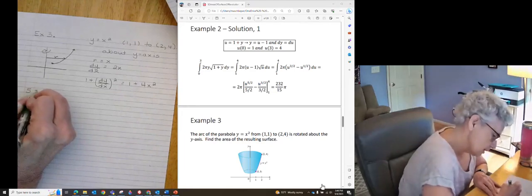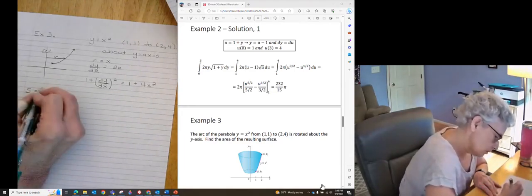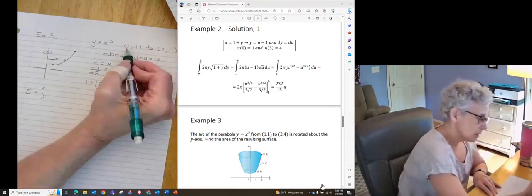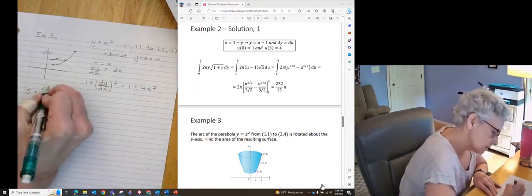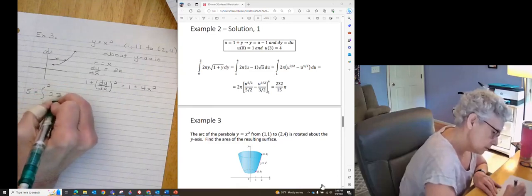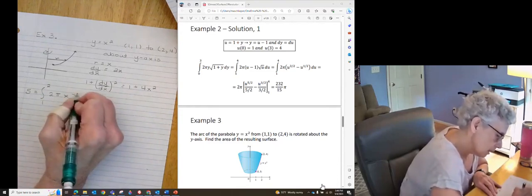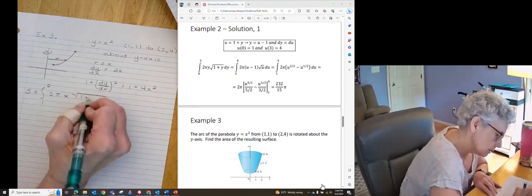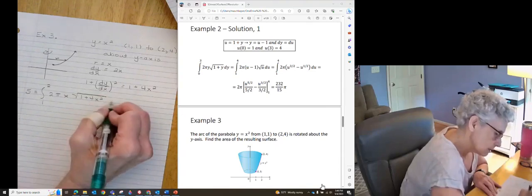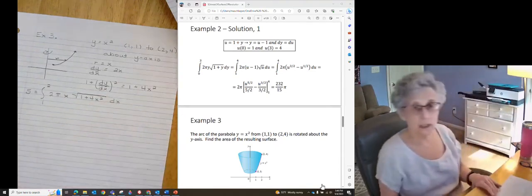So the surface area would be the integral from x coordinate 1 to x coordinate 2, 2 pi times the radius times the arc length, square root of 1 plus 4x squared dx.